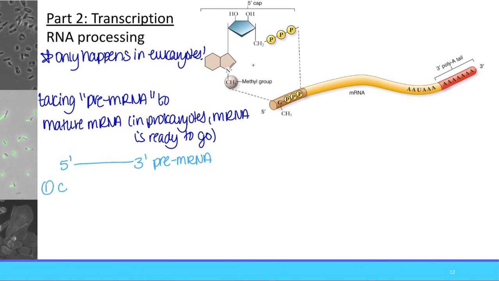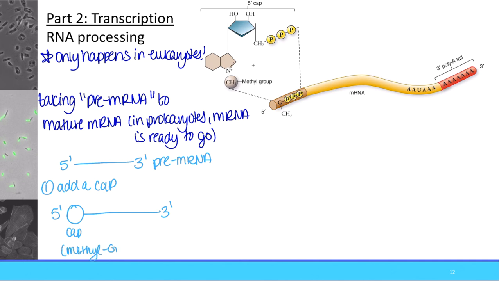And the first thing we're going to do is we are going to add a cap. And when we add a cap, I'm going to make my cap a circle here. So here's our 5' to 3' end. This is called a methyl G cap.